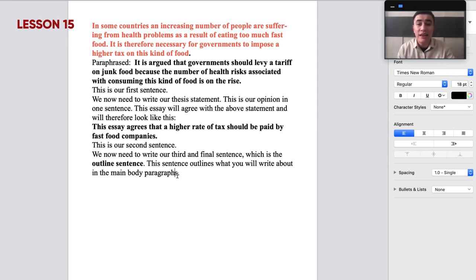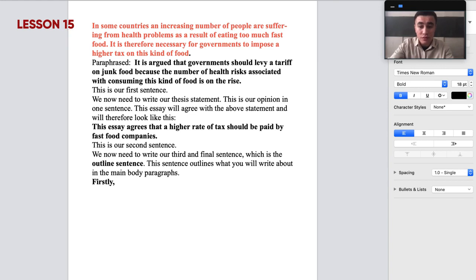Now we have to write our third and final sentence, which is the outline. This sentence is going to outline what you will write about in the main body paragraphs. Okay, firstly, so I'm going to make it longer. Let's make it bold so you can differentiate.